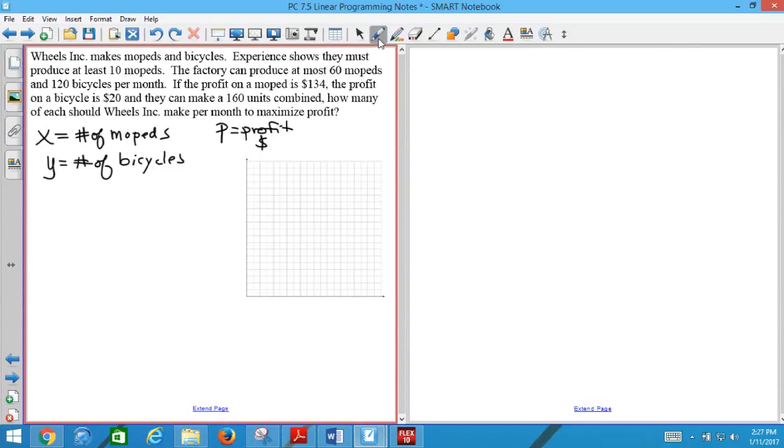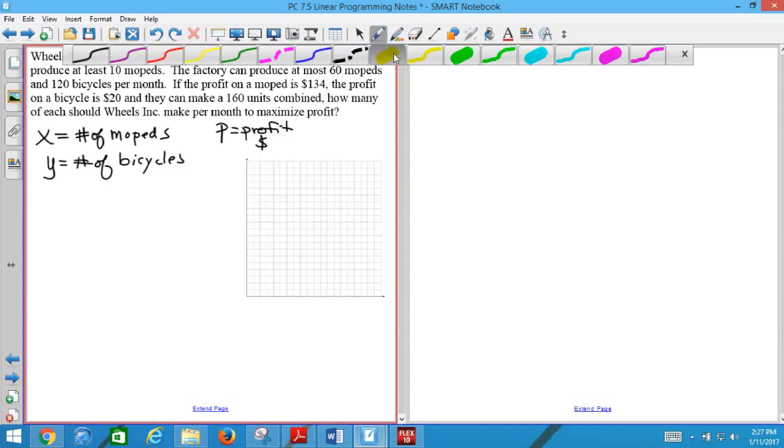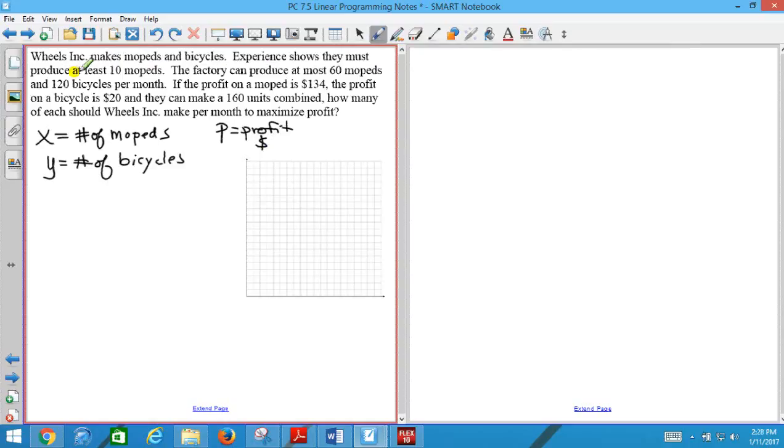Up here, I'm looking at mopeds, and it says we need to produce at least 10 mopeds. I guess they figured out that if they produce less than 10 mopeds, they're not going to make any money. So they've got to make at least 10 mopeds, but it also says at most 60 mopeds. So the mopeds have to be between 10 and 60, more than 10, less than 60, maybe equal to.